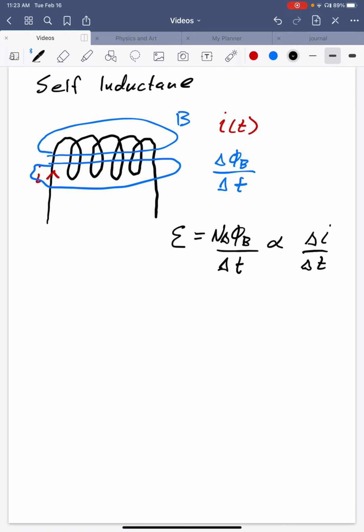So when I have a coil that has a changing current, that's going to result in self-inductance because the current in the coil itself changes phi b over delta t.